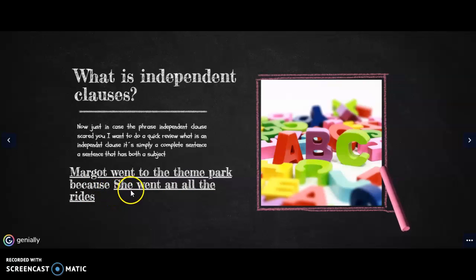Margot went to the park and she went on all the rides, but we're not joining them as if they're equal. We're joining them as if the reason she went to the park is that she went on all the rides. So we call this a subordinating conjunction because it makes one idea subordinate to another idea.